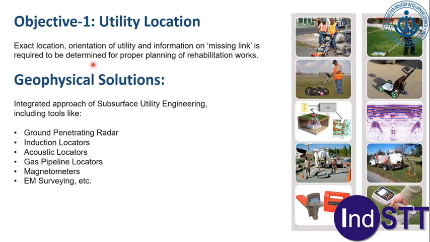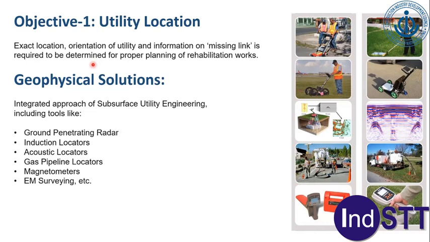For that, there are geophysical solutions, an integrated approach of subsurface utility engineering, including tools like GPR, induction locators, acoustic locators, gas pipeline locators, magnetometers, EM surveying, etc. There are a number of tools and a very well-defined protocol of subsurface utility engineering which can be used to find the exact location and orientation of utilities for any of these projects. SUE is a subject in itself. There is a separate lecture on SUE which is available, and you can please go through that.